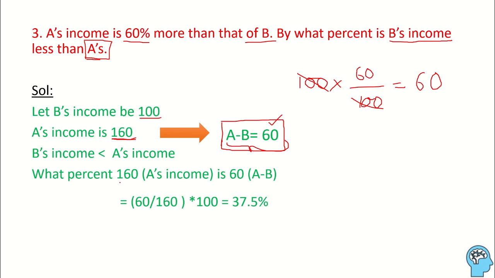A's income is 160. So simply compare it. 60 by 160 into 100 will give you the percentage by which B's income is less than A's. So that is 37.5%.